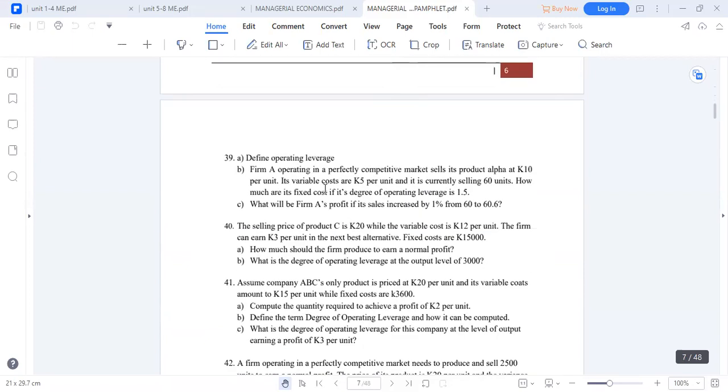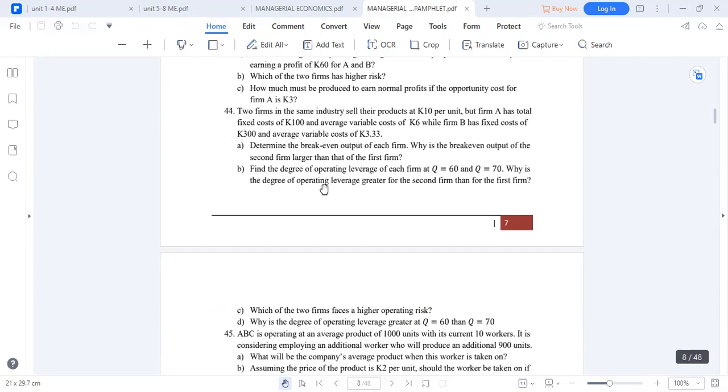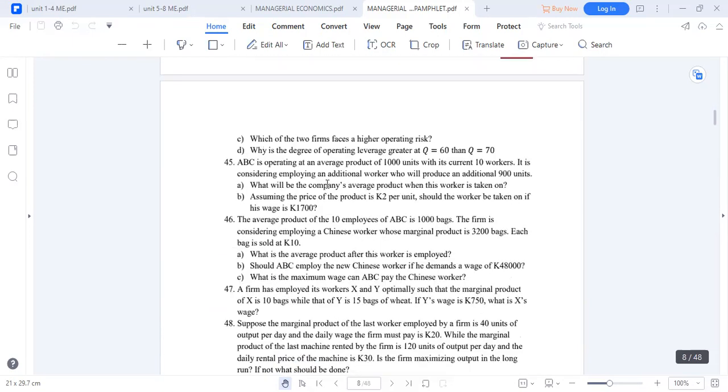Production. The one we're answering is this one here, ABC. So the way that it will come is like this. We're told that ABC is operating with an average product of 1,000.